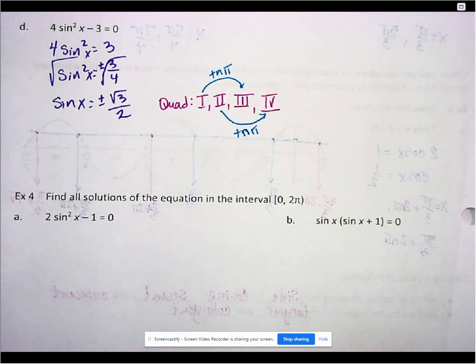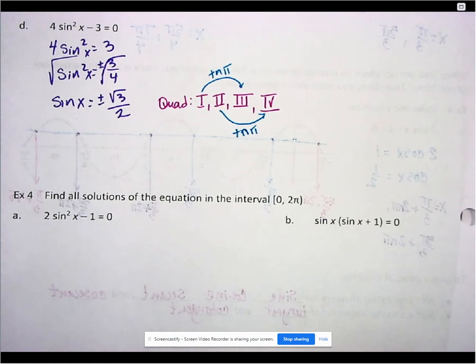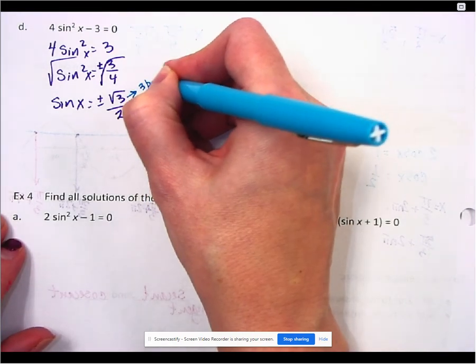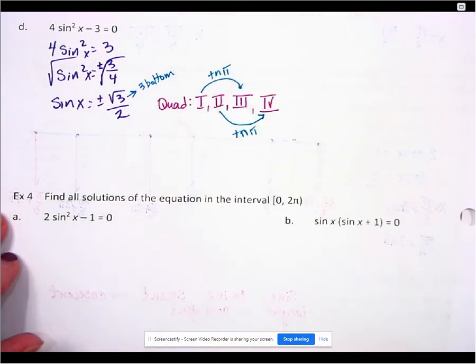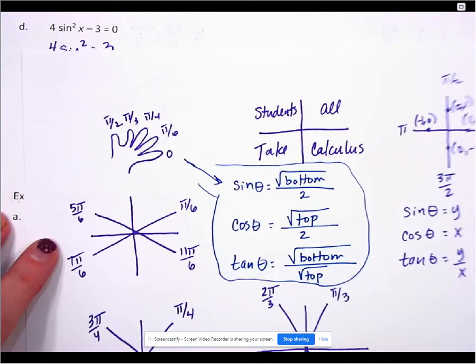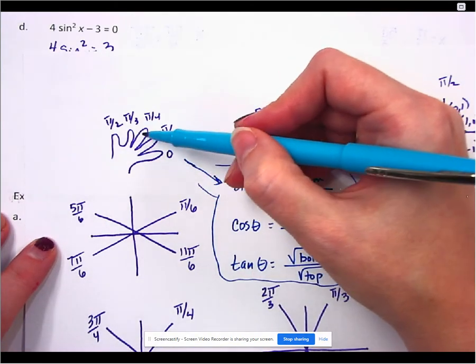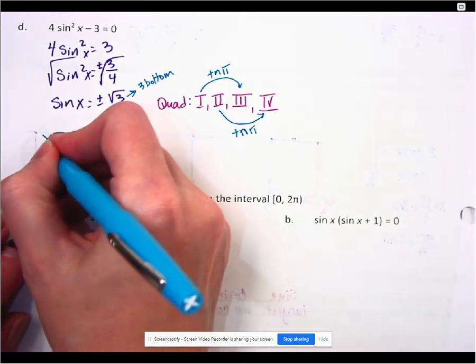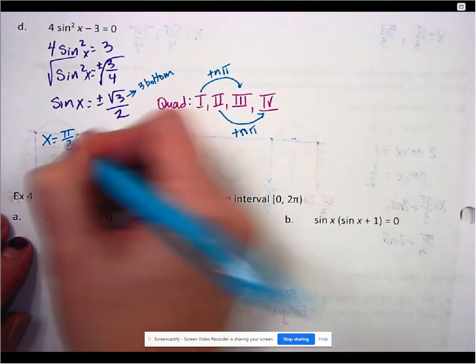Okay, so if we're doing sine, we're doing the square root of the bottom over 2. So that means we want 3 bottom fingers. If we look at the hands, 3 bottom fingers is here, so that's pi over 3. So in quadrant 1, we have pi over 3.